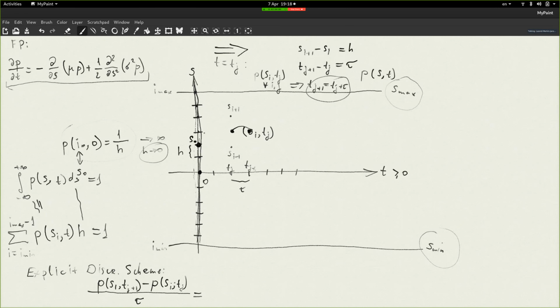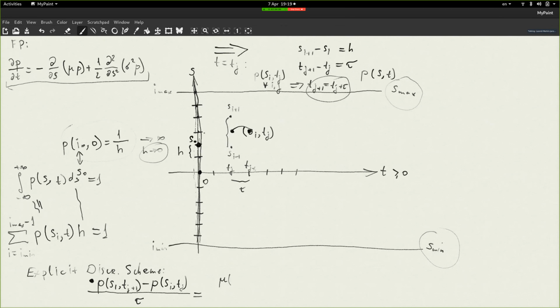Okay. What is the right-hand side of our PDE? Very simple. What is the partial derivative of mu p with respect to S? You see, we have points Si plus 1 and Si. The best thing we can do is to take a two-sided derivative.